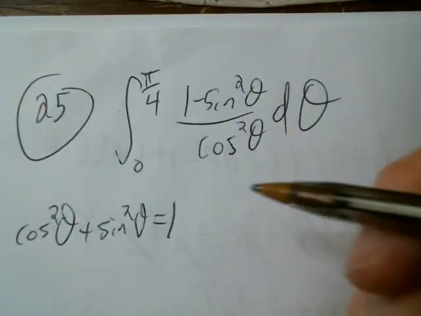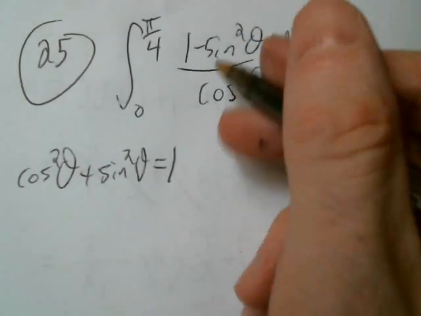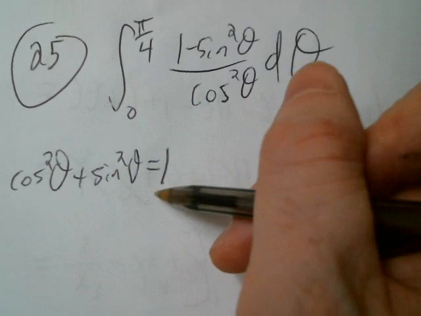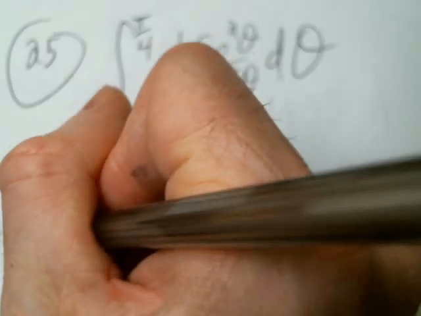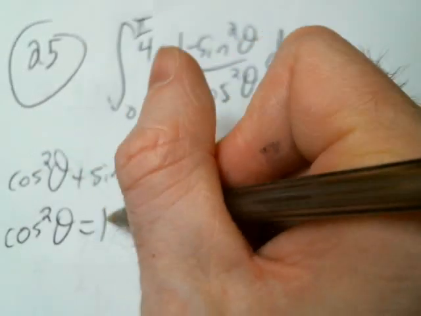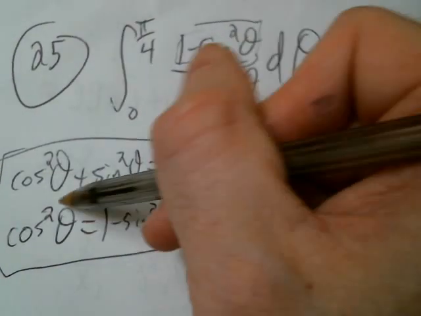Trig stuff isn't going to go away in calculus. You'll have more and more trig on the horizon if you take Calc 2. But anyways, I know this is true. And then if you move the sine squared over, you'll see that the numerator is just cosine squared. The numerator of the integrand is cosine squared.